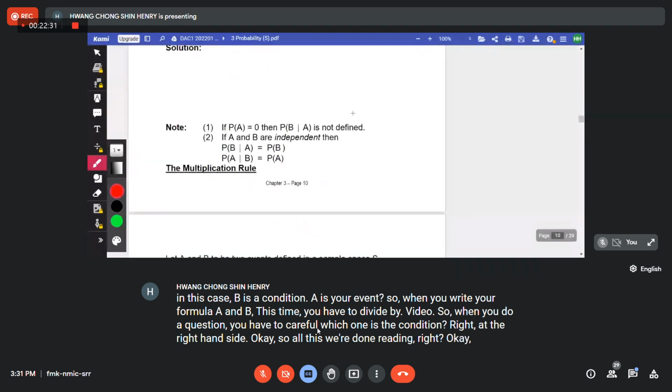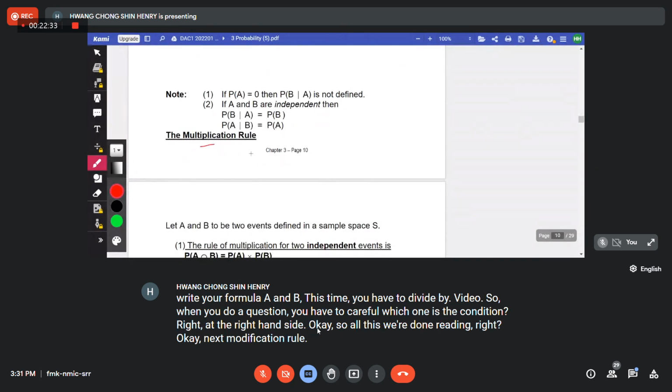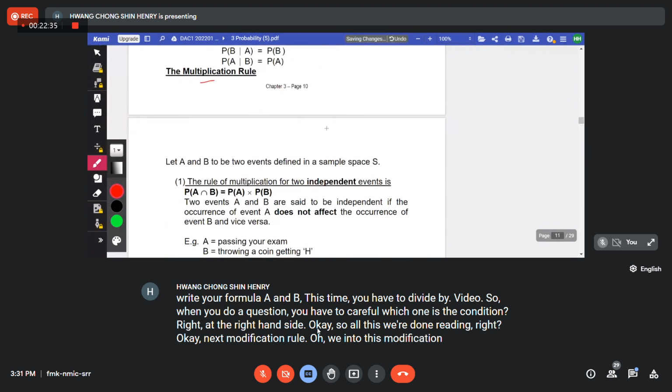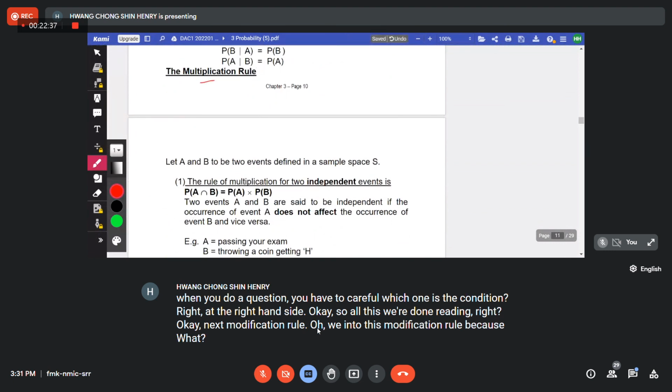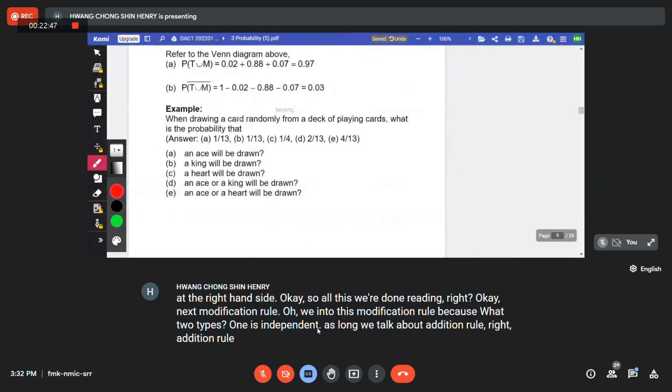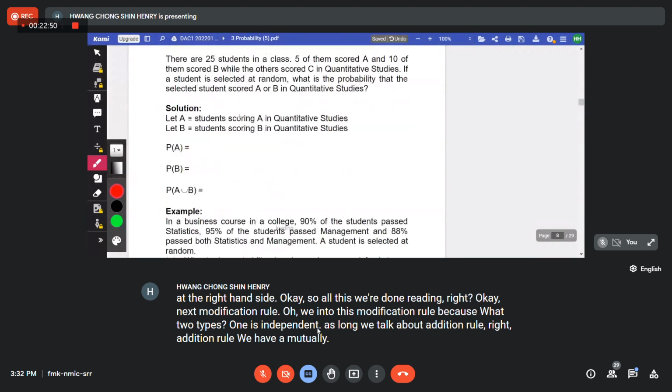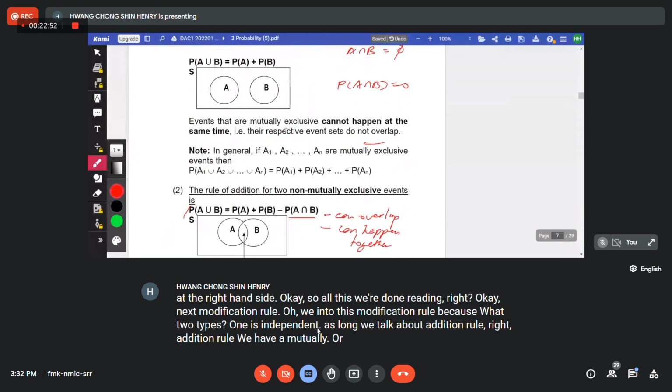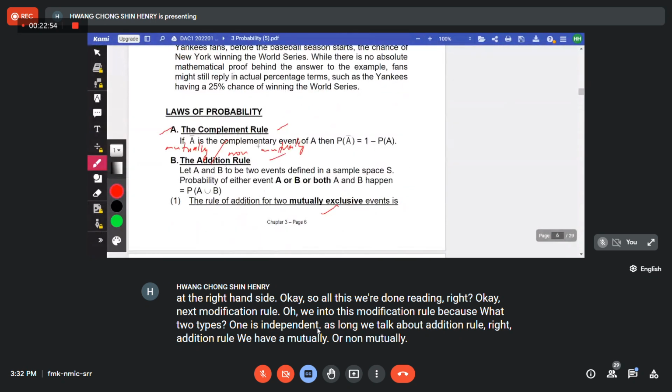Okay, next, multiplication rule. Now, we introduce the multiplication rule because there are two types. One is independent. Just now we talked about what? Addition rule, right? For the addition rule, we have mutually exclusive or non-mutually exclusive.